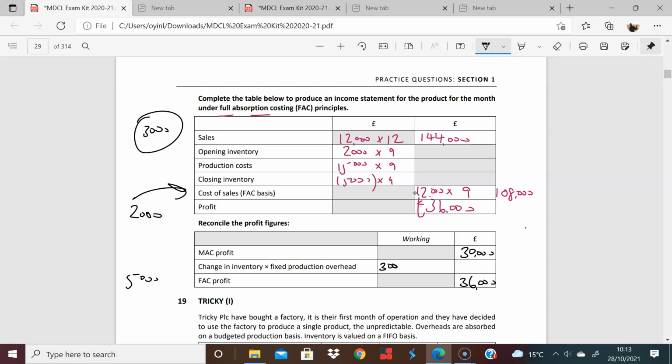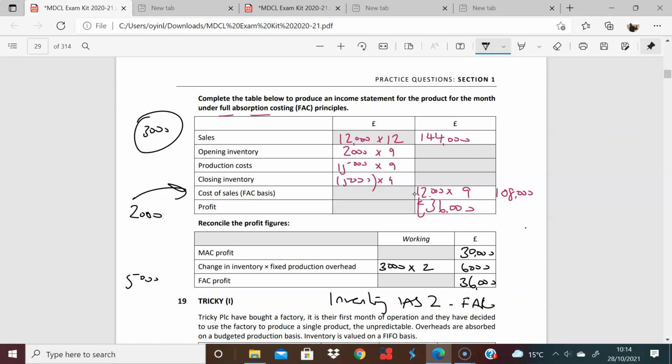And that 3,000 change in inventory is carrying, dragging away, that fixed overhead absorption of 2, which is going in each unit. Ordinarily, this would have gone through in marginal costing, all of this feeds through, but you've diverted it into the next period, and that's why you have that variance, because inventory under IAS 2 for full absorption costing asks you to absorb some of that overhead.